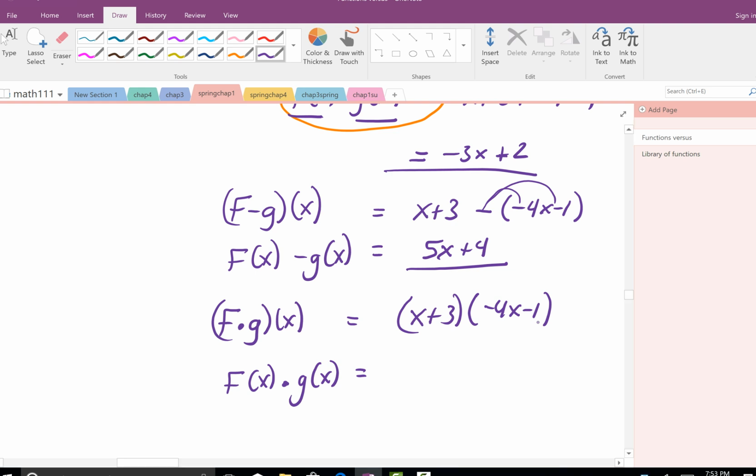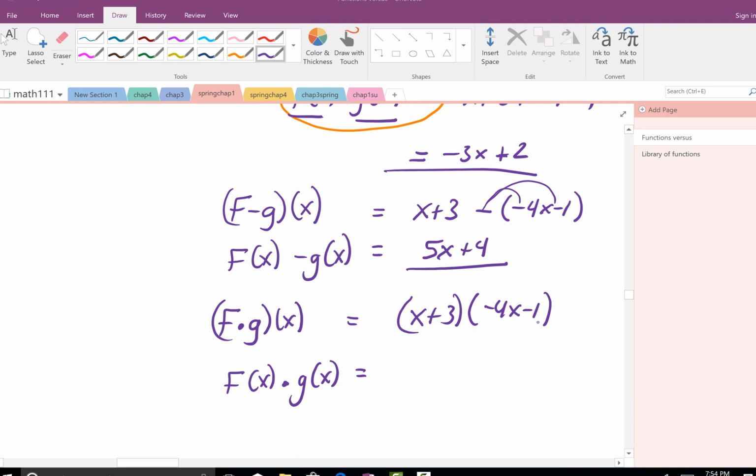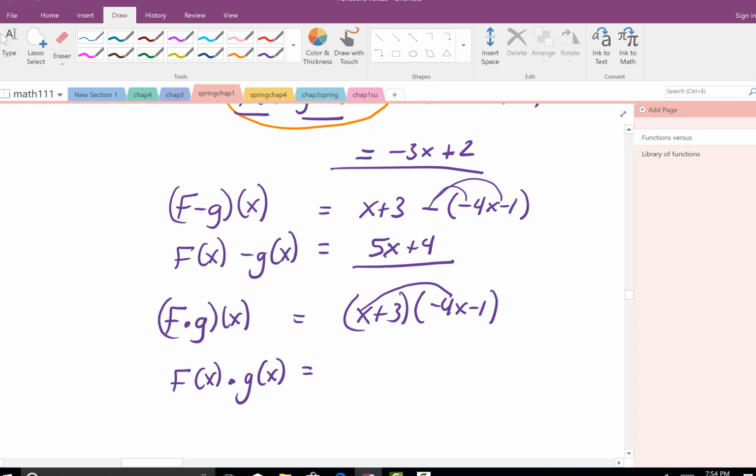So to times them, what would we do? Anybody have any ideas? Yeah. Foiling, huh? Yeah. I bet you probably foil a bunch if you took some math classes leading up to this.